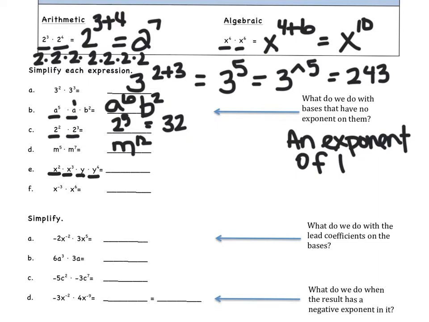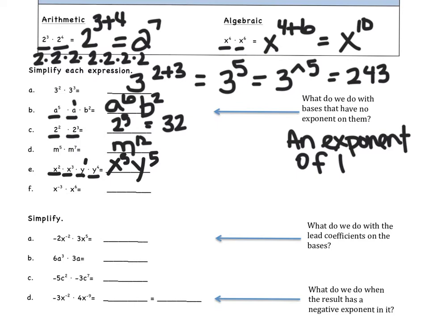So we're going to be able to combine the x's and combine the y's. So x is one of my bases. I'm going to add my exponents. My 2 plus my 3 is 5. My y is my other base. Add my exponents. The first y doesn't have an exponent, which remember means it's an exponent of 1. If we add our 1 plus our 4, we get 5.